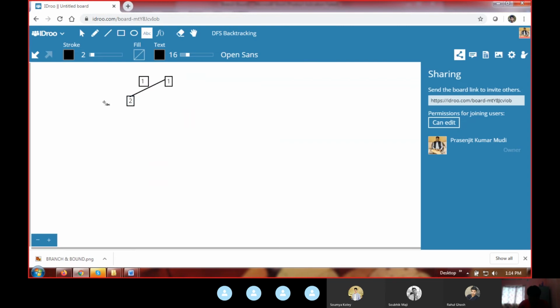So next, node 2. At this moment we want to further explore node 2. The possible children are this one, let's say 3, this is 8, and this is 13.